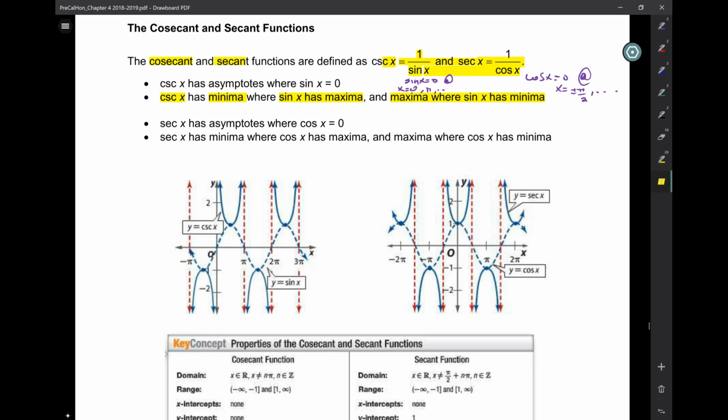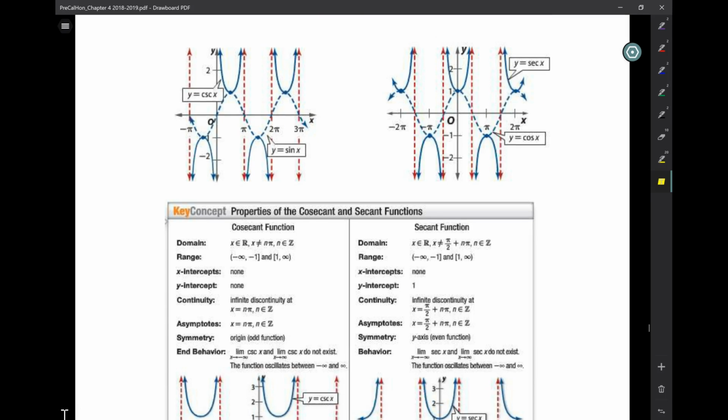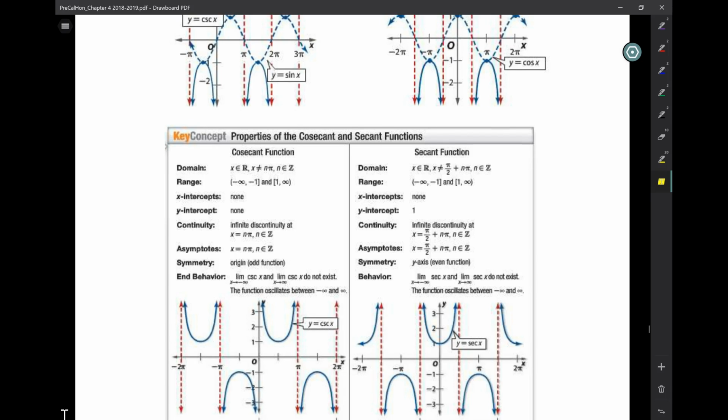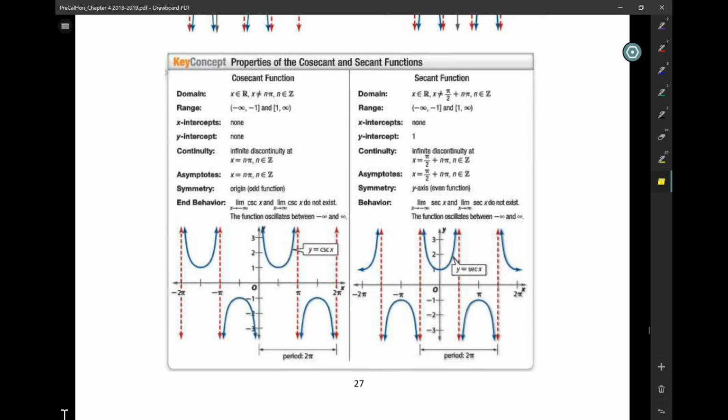Essentially, the way we draw these is, we draw a cute little sine or cosine graph, and then we match these according to it. Okay? Similarly, secant has asymptotes and minima and maxima, where the other one has, it's flipped. Because they follow the same pattern as the sine and cosine, the period for secant and cosecant is 2 pi.